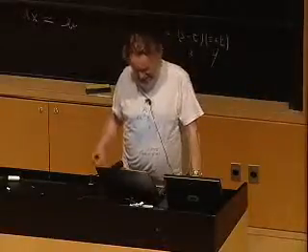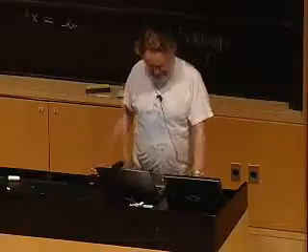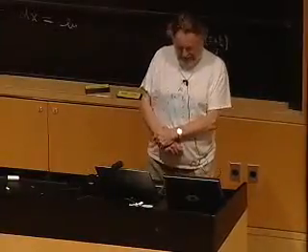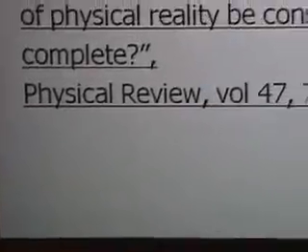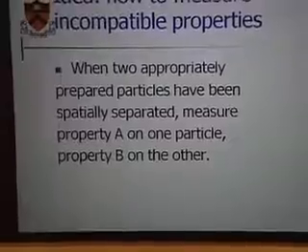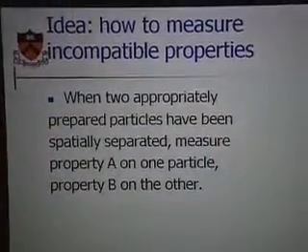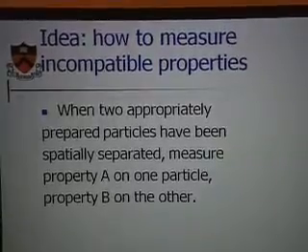Okay, so let me say what happened. This is the famous paper that appeared later in 1935. I think it was November in 1935. Can this quantum mechanical description of physical reality be considered complete? Here is the idea of the EPR thing.